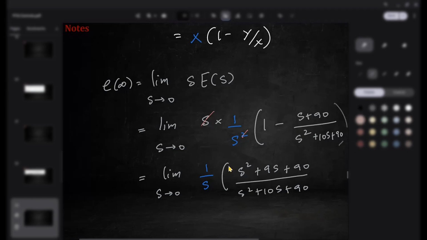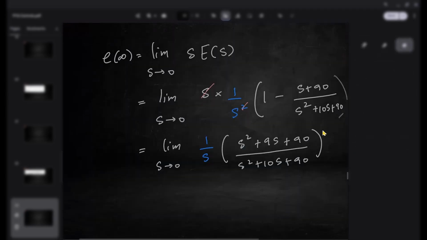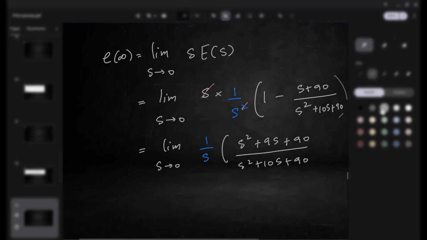So many of these terms are tending to 0. Yeah, that is what is surprising. I was wondering, there is this one not cancelling. There is a minus 90 there. So that 90 also cancels, and now we can cancel this. Now we can find out what the answer is.